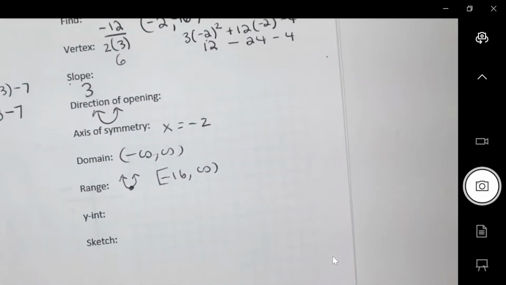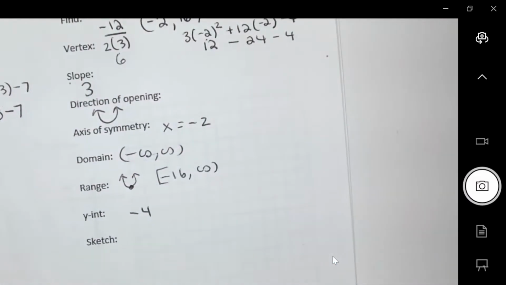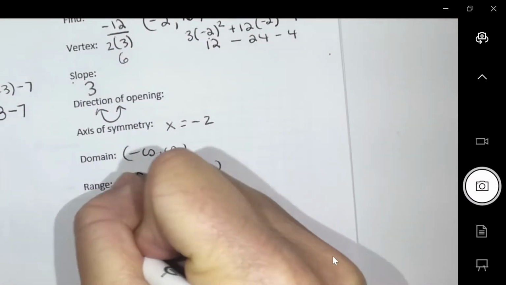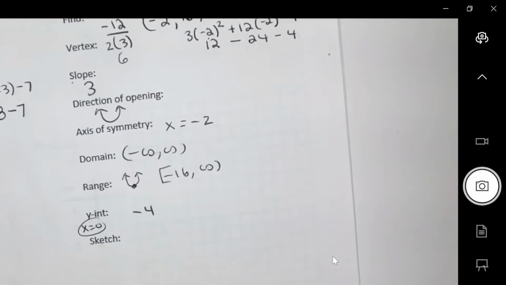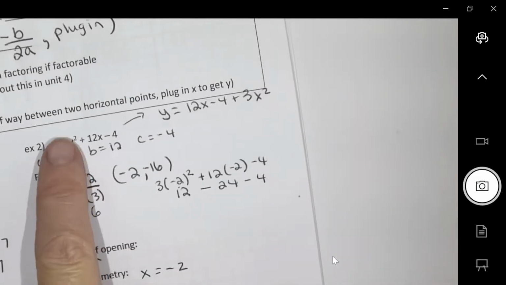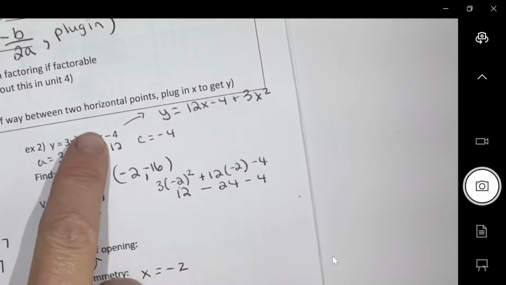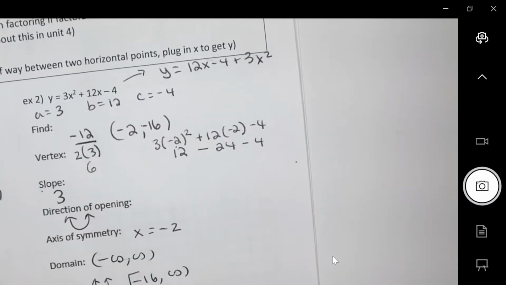I'm going to take the y part of the vertex because that would be the height part. And what's our y-intercept that fast? -4. So I put the 0 in for the x, which made that disappear, -4.